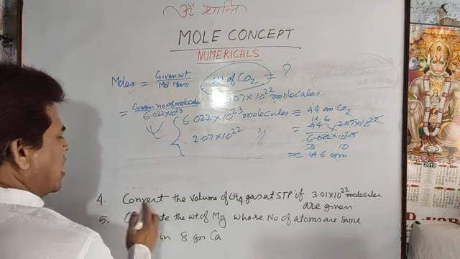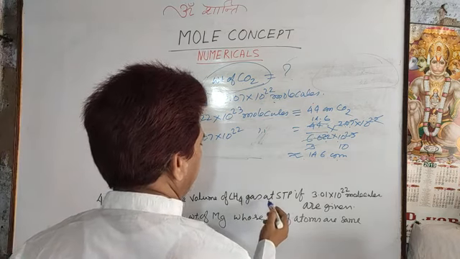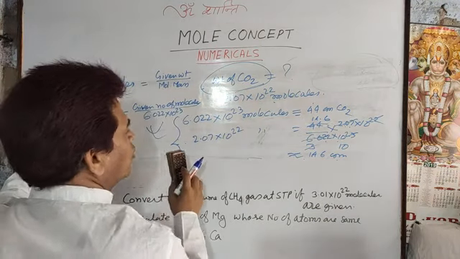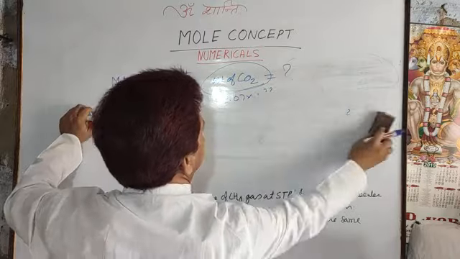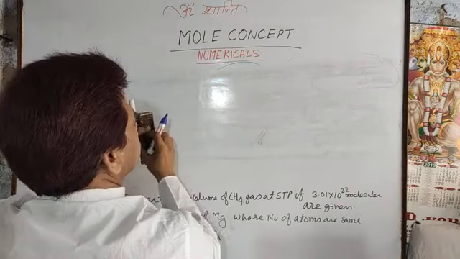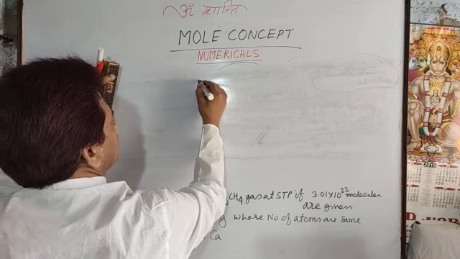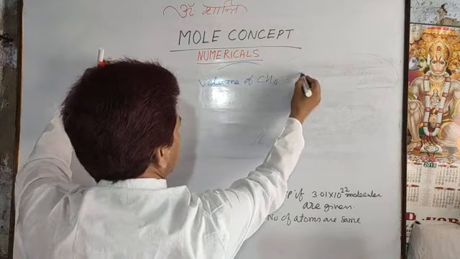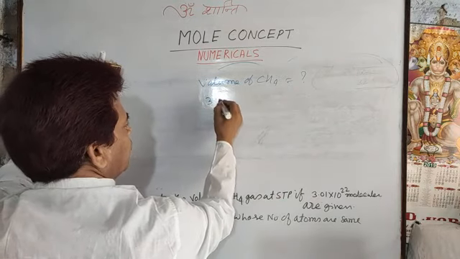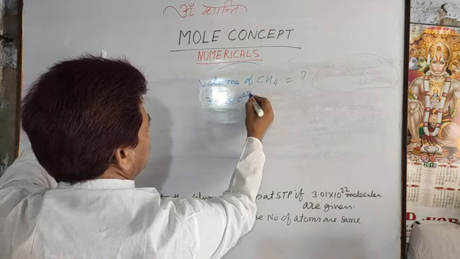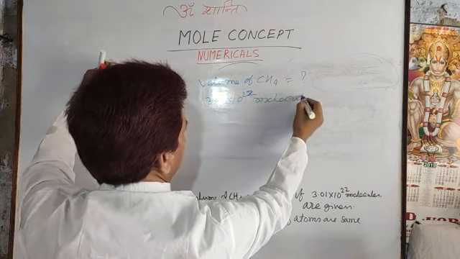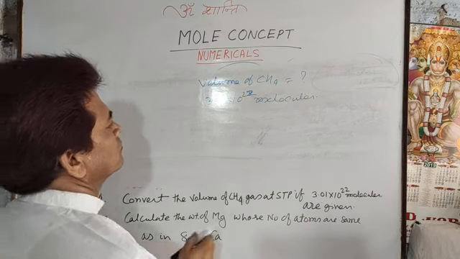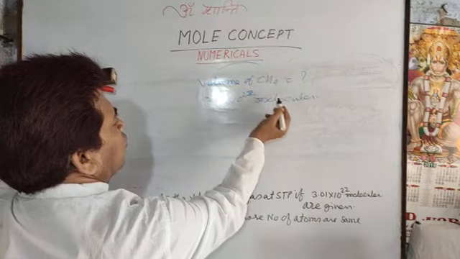Now the fourth question: find the volume of methane gas at STP if the molecules are given. So here the relation between volume and number of molecules, as you know. The volume of methane is to be calculated, and the given data is 3.01 × 10^22 molecules.